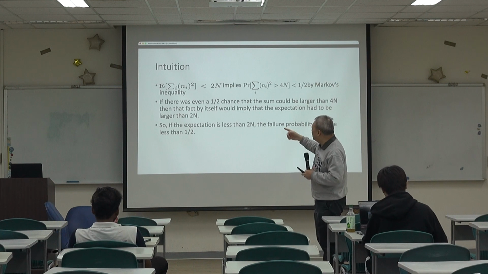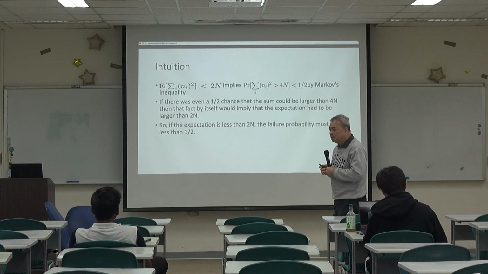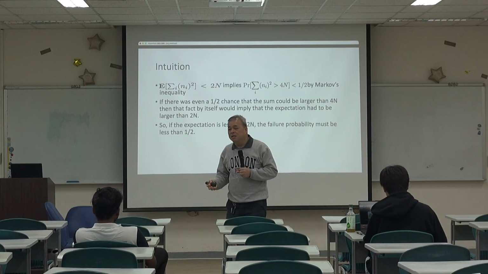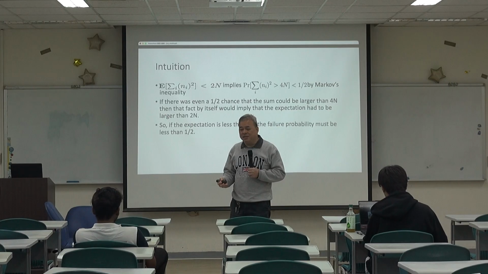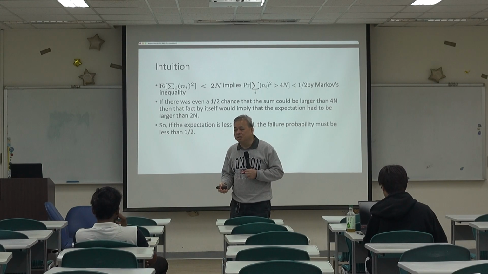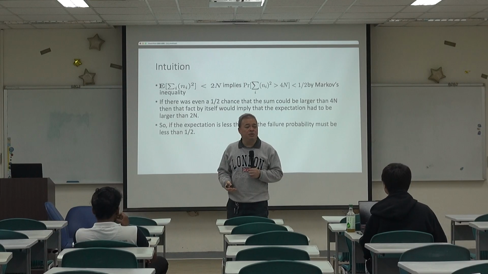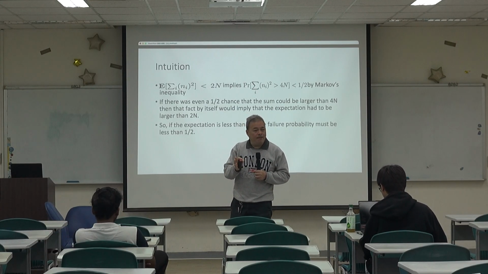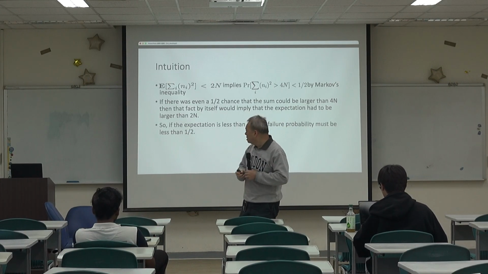First you need to understand that these Ni squared must be positive, right? Ni squared are positive. Any question with that? They are squares, and squares must be greater than or equal to 0, right? Any question with that?